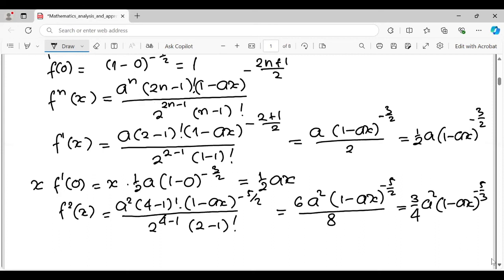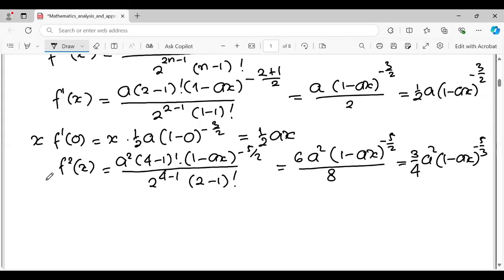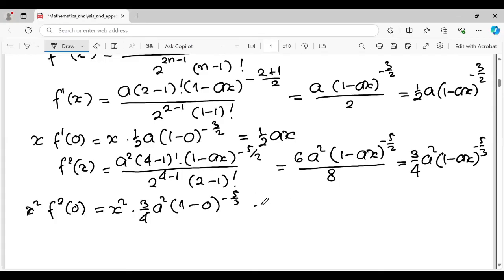And the next step, according to the Maclaurin series rules, is x squared times f^(2)(0). So x squared times 3 over 4, a squared, (1 minus 0) to the power minus 5 half.